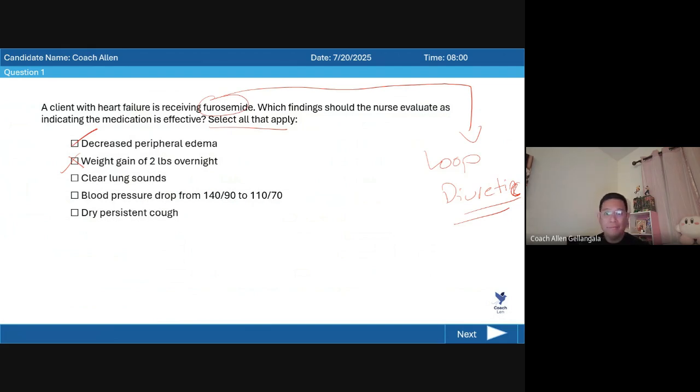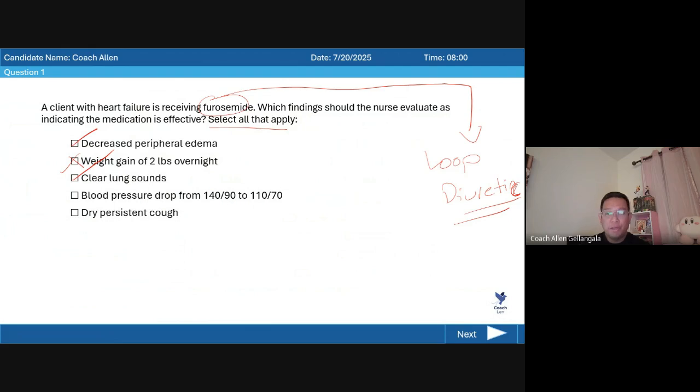That's why you have your ascites, and in terms of the lungs, that is your pleural effusion. So what will you hear if there's fluid in the lungs? Crackles, right? So it's not a clear lung sound. If you have bronchovesicular, clear lung sounds after taking your furosemide, essentially it tells you that it is working. So clear lung sounds is something that you could evaluate as an effective impact of your furosemide.